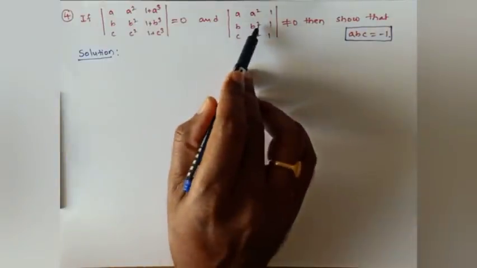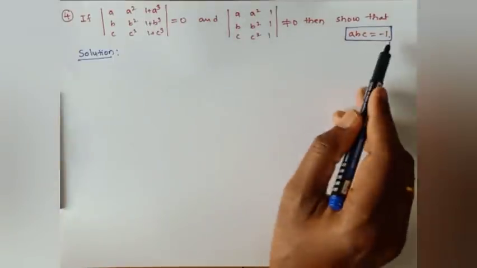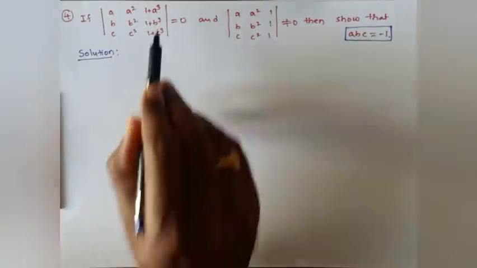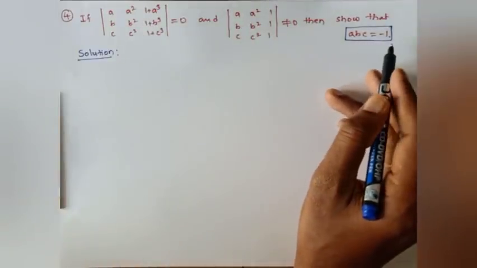So by using this condition, you have to show abc equals to minus 1. By simplifying this determinant, you may get a into b into c equals to minus 1.